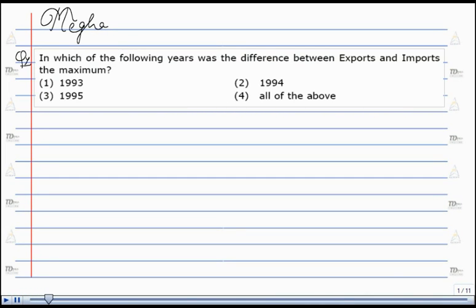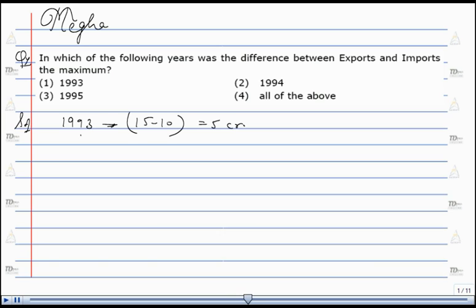The question is, in which of the following years was the difference between exports and imports the maximum? Now, as we have already discussed the directions for this question in the above one, so let's have the solution. Now, the difference in exports and imports in various years are, in 1993, the difference is 15 minus 10, that is 5 crores.